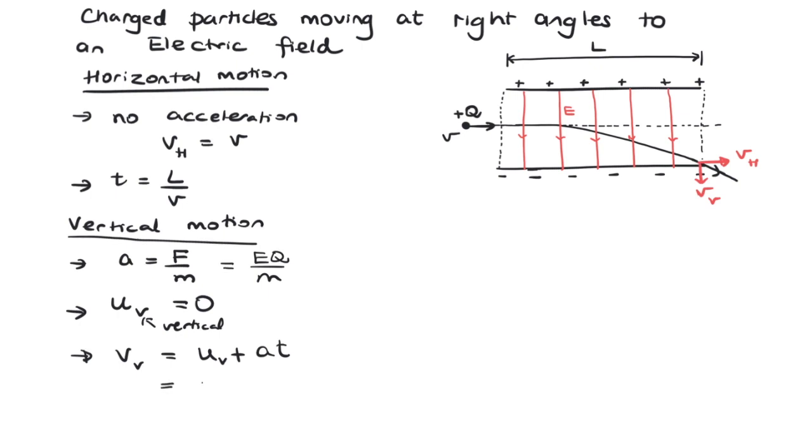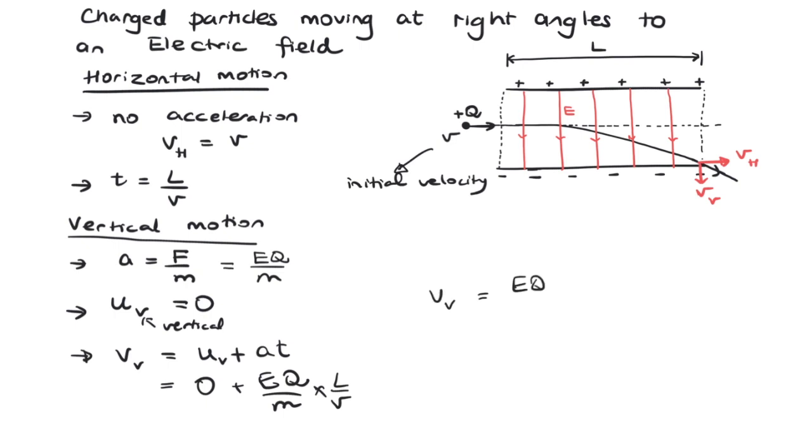So we know that U is 0, A is EQ over m, and T is L over V, where V is the initial velocity. Here you will have VV equals EQL over mV.